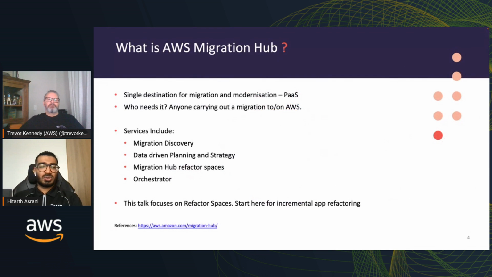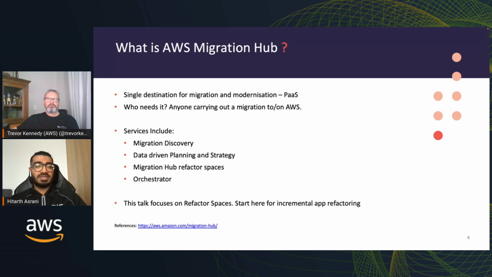Let's go straight into content. So what's AWS Migration Hub? It's kind of a single destination for migration and modernization. I think of it as platform as a service. Who needs it? I would say anyone who is carrying out a migration to AWS or on AWS.